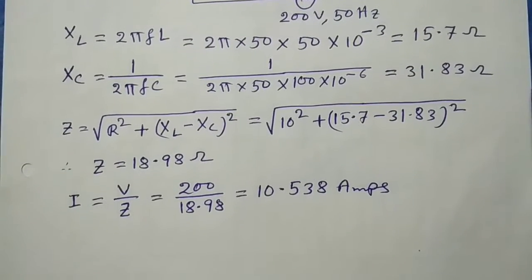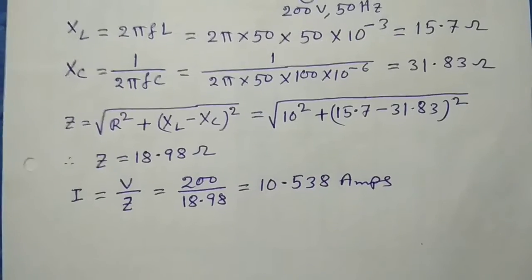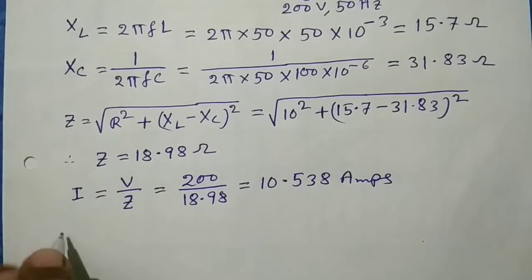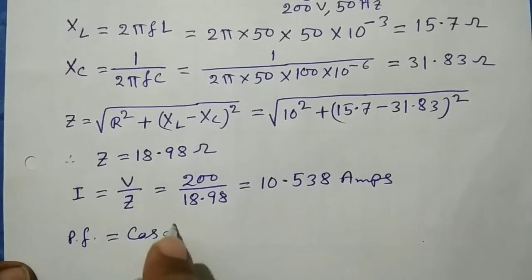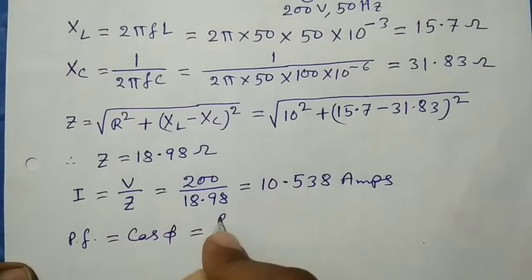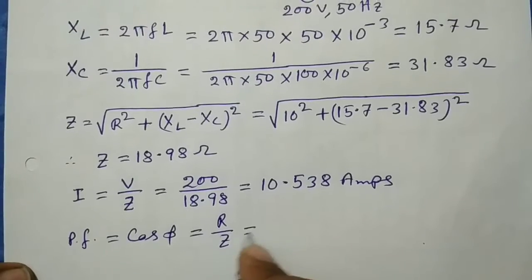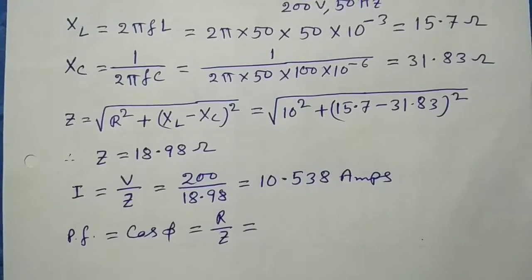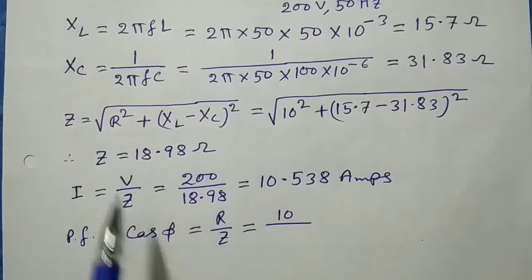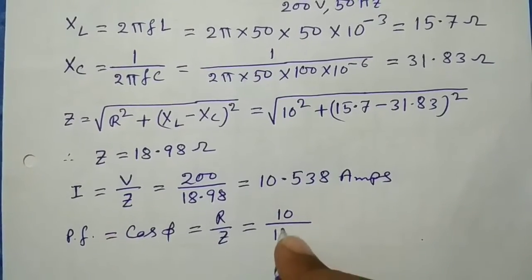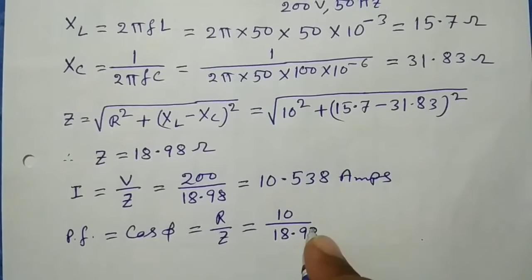Next we can find the power factor. So power factor can be written as cos phi, and it is the ratio of resistance to impedance. Here the resistance given is 10 ohms and impedance we have calculated, that is 18.98.